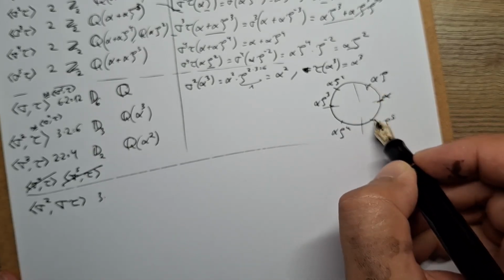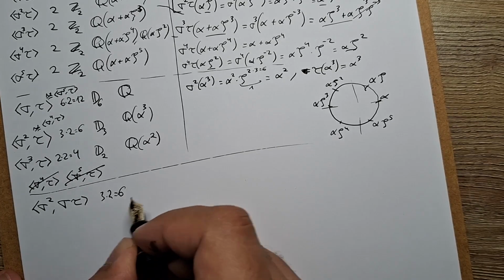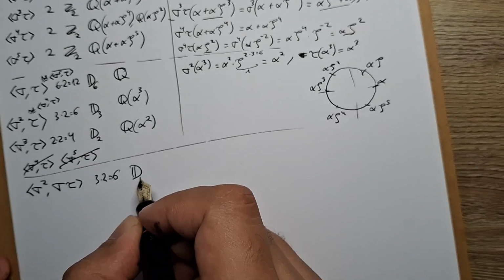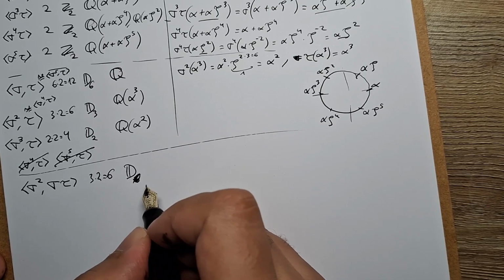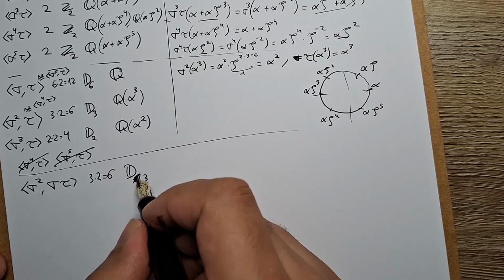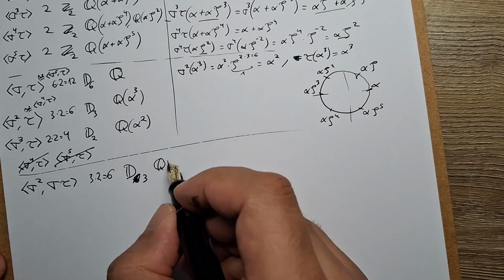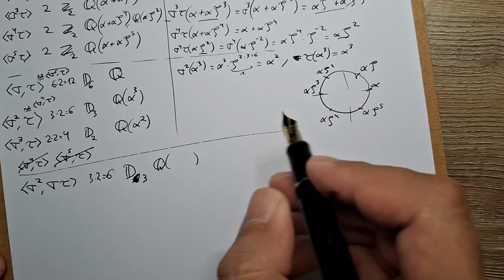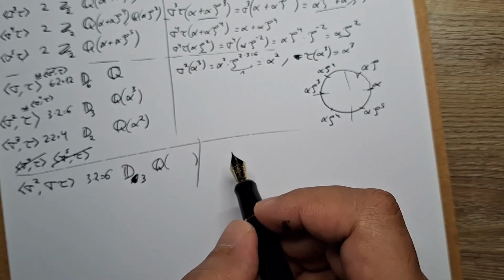Now I apply tau and then sigma. So it's just two elements. This is 6. This is the dihedral group of order 6, which is D3. And the fixed field for this is a bit more involved. So how do we find this?